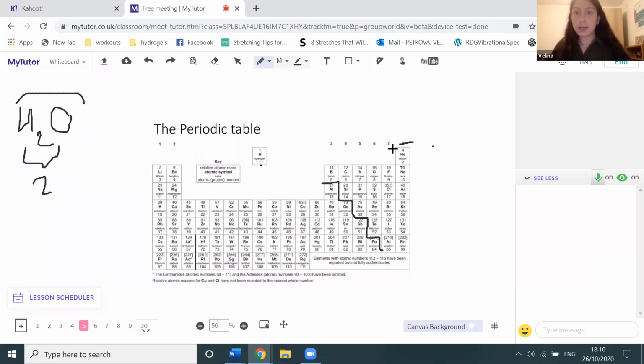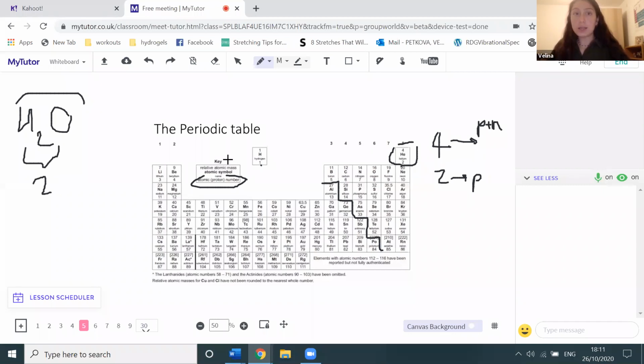So let's take helium as an example. From this symbol, we can see that our atomic number is 2, and our relative atomic mass is 4. So this has told us how many protons we have, and this has told us how many protons and neutrons we have. Therefore, how many neutrons do we have?